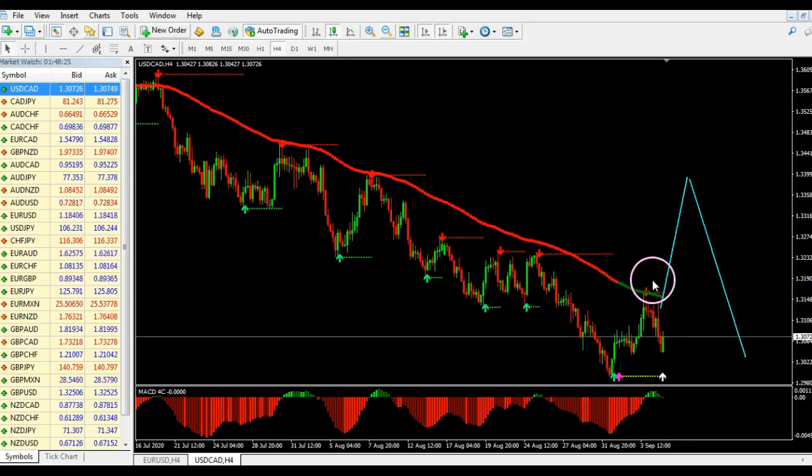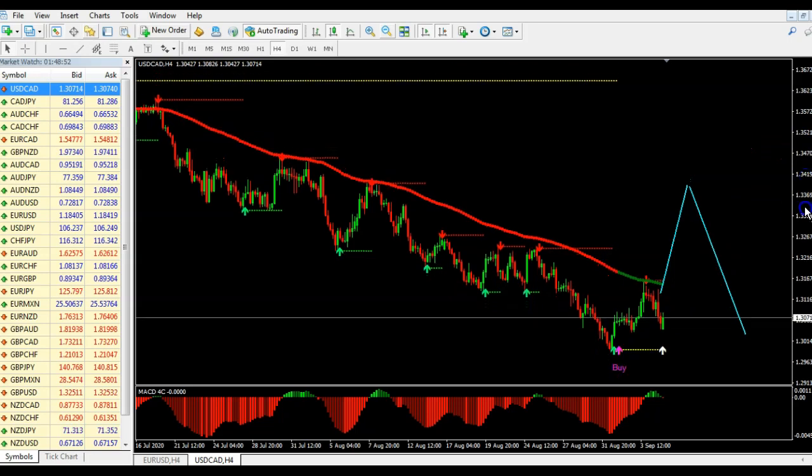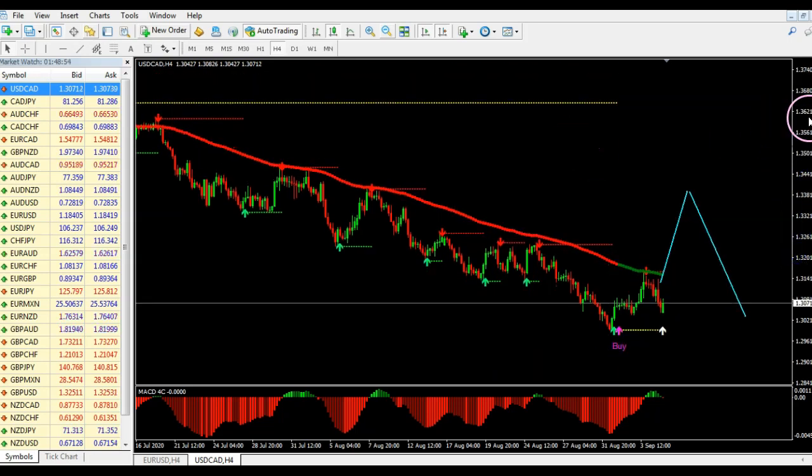What we don't know yet until it's proven is whether the market is going to reverse, because it's due for a bigger reversal on this USD CAD. We did a very good trade last week, but now it's retracing, so we should never sell here, in other words.